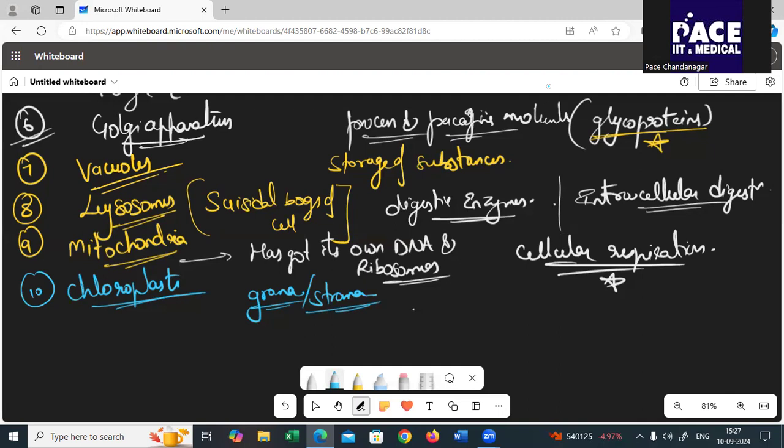They are used in photosynthesis, and they contain chlorophyll. Each has its own pigments, and one such pigment is chlorophyll, present in the chloroplast. So this is basically about your cell.